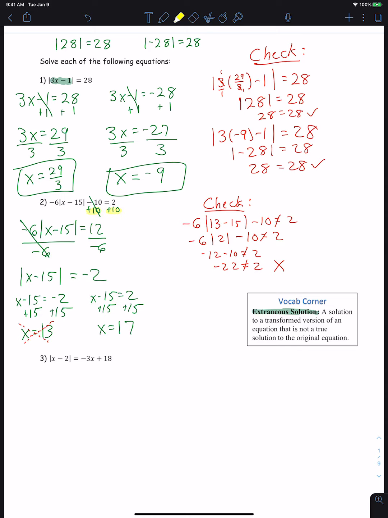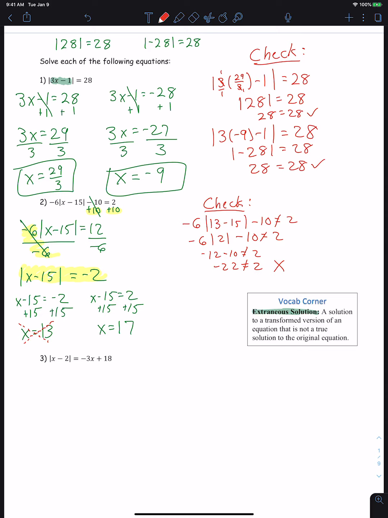That's transforming the equation. And then we divide by 6, which is another transformation to get this more simplified equation. Sometimes when you get a solution to a more simplified equation, it's not an actual solution to the original equation when you plug it into the original equation. That's why you always have to make sure you check absolute value equations.